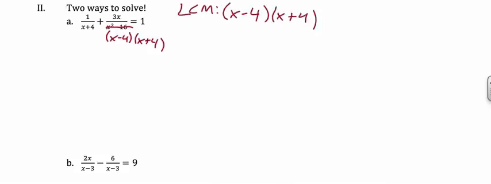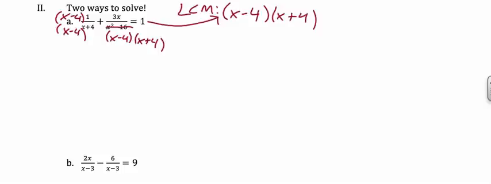So we just need to get every term, including the one on the other side, to have that denominator. So we'll multiply that first fraction by x minus 4 in our numerator and denominator, because that'll give it the x minus 4. It already has the x plus 4. And I'm not going to write it all out, but we're going to multiply the 1 by our entire least common multiple on the top and the bottom.